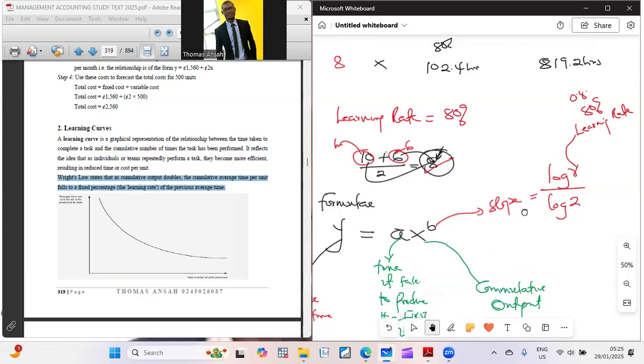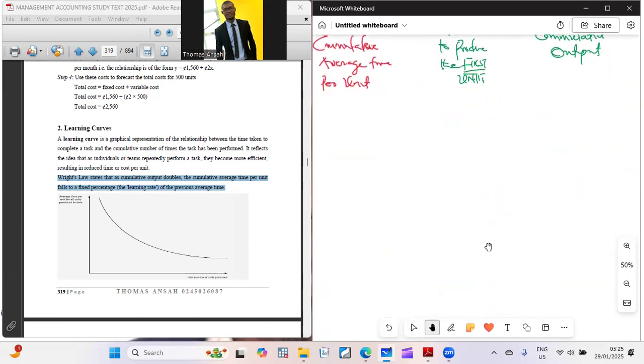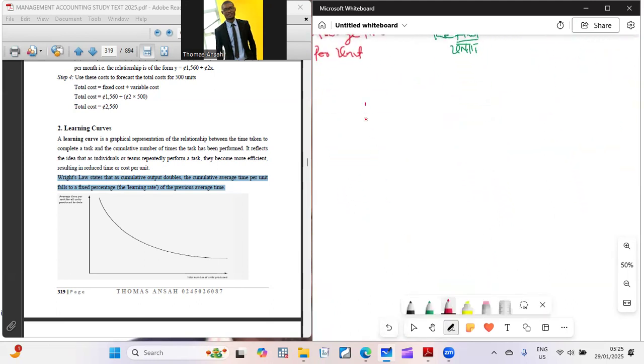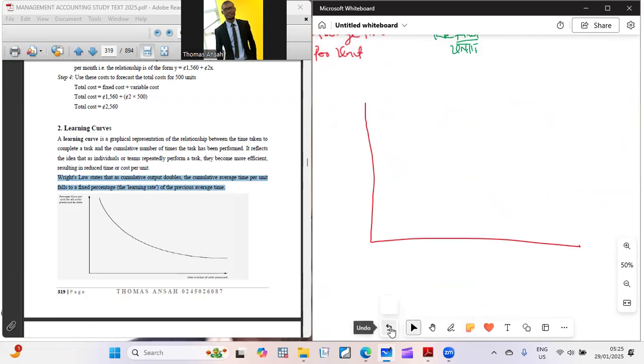Because if you were to draw this in a curve, it is something like this. My constant is here, and the slope is somewhere here where it starts getting down.